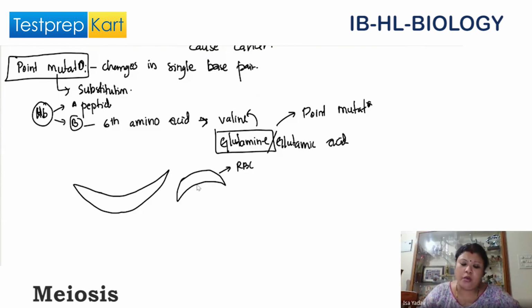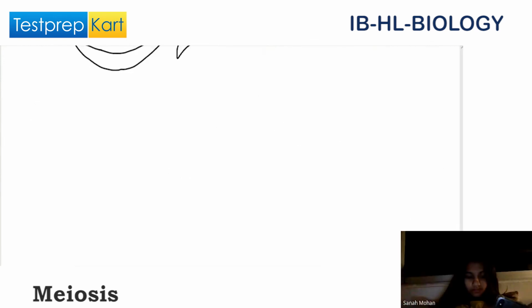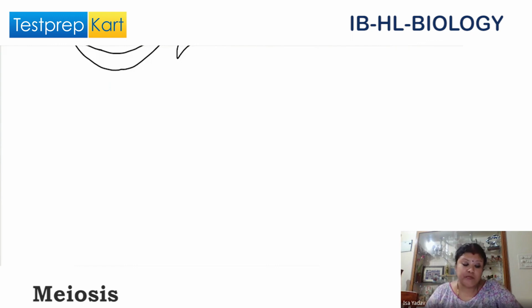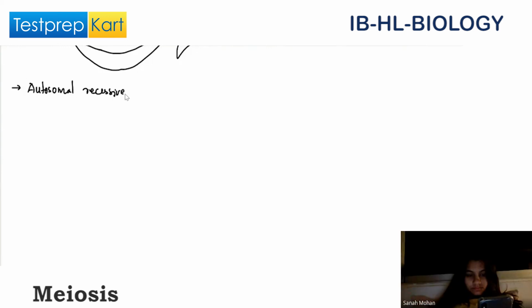Okay, now let us see this. This is the physiology of the disease. Now we'll see this disease from the genetic point of view. Sickle cell anemia is autosomal recessive.